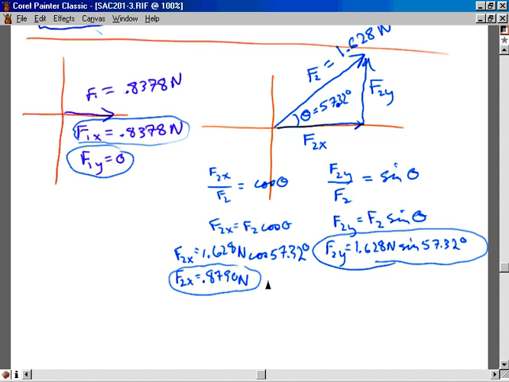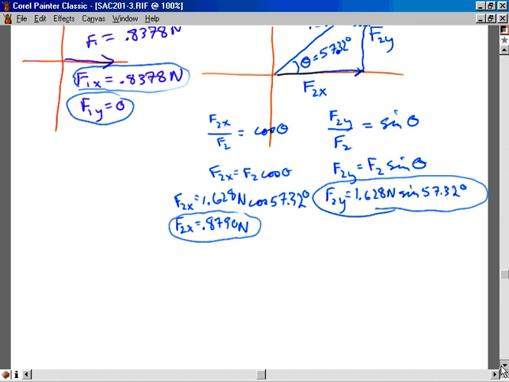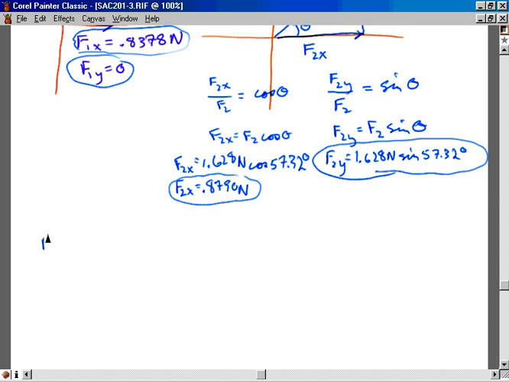I'm ready to add the two vectors, F1 and F2, to get the total force on particle number 3. I'll just call that F, and its x component is going to be F1x plus F2x, which is the 0.8378 newtons that we've got up here, plus the 0.8790.